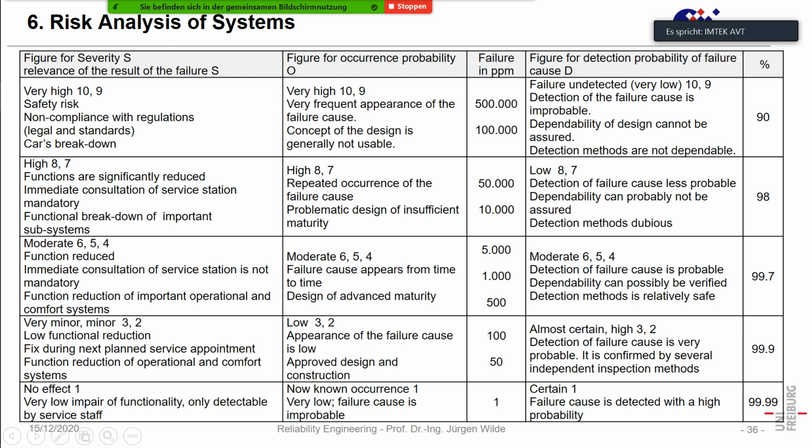So in that way, if we want to look for failure detection, we must be very, very sure that we can see such failures. And of course, methods of non-destructive testing are such methods in order to find out if a failure can happen.